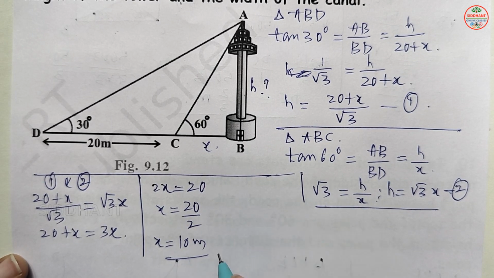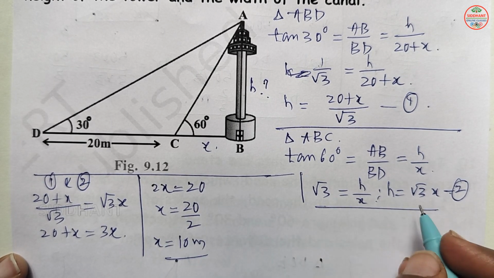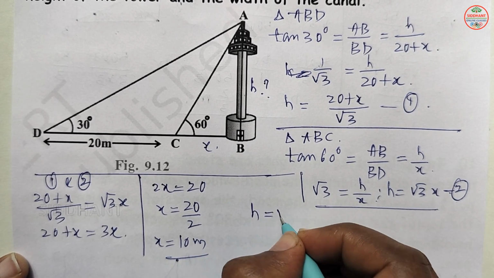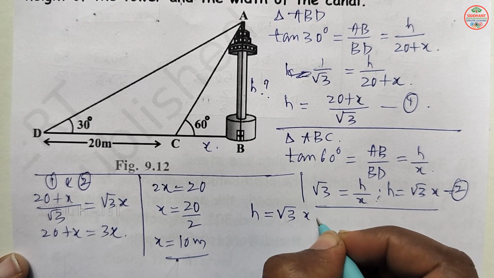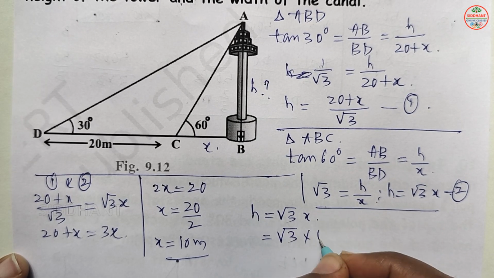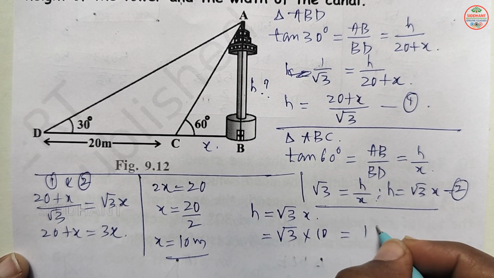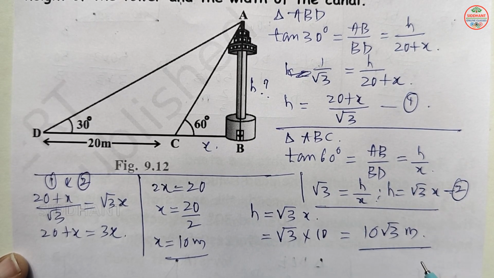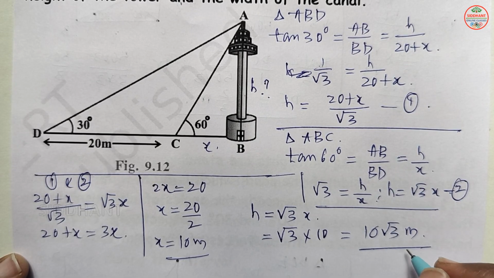So we got X. Putting it in equation 2, H equals root 3 X, that means root 3 into 10, so that will be 10 root 3 meters. So the height is 10 root 3 meters.